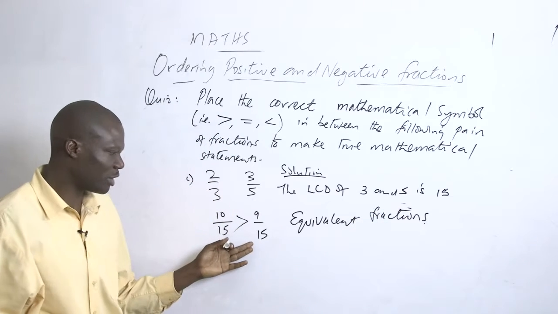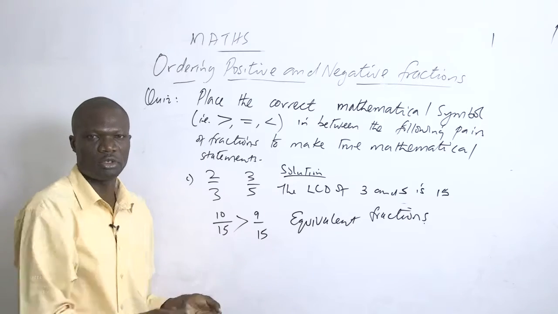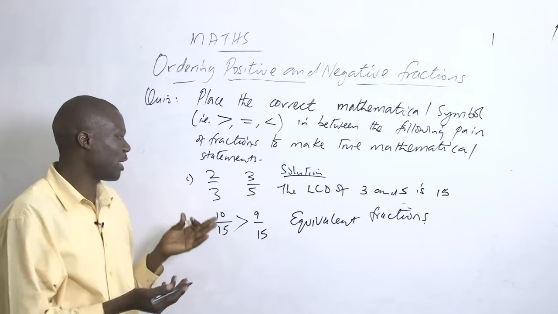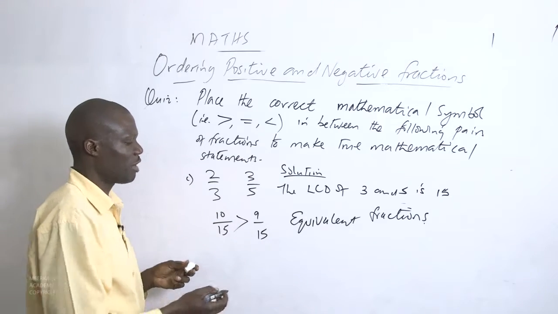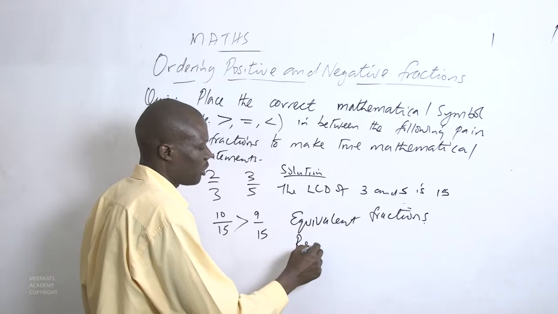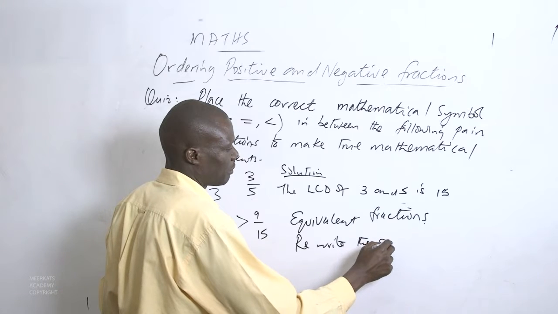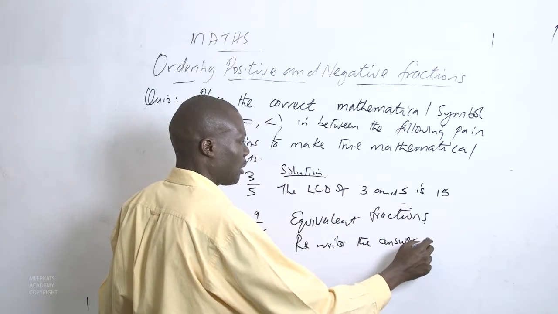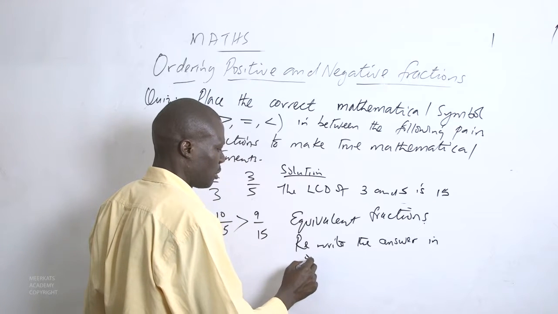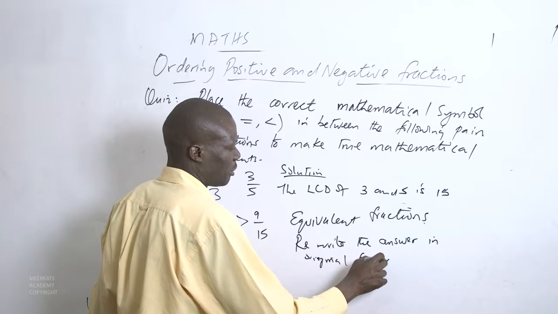Now, having noticed this, we don't leave the answer here, because neither of these two equivalent fractions is 2 over 3 or 3 over 5. Therefore, we are required to rewrite the answer in the original format.